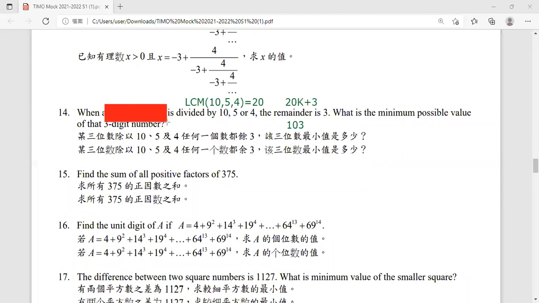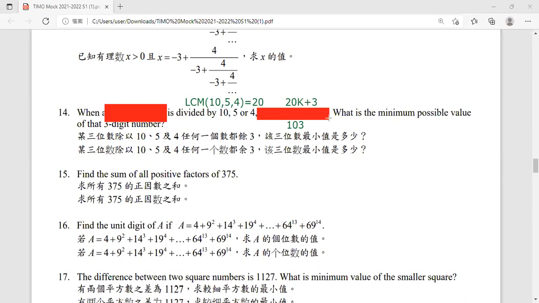Take away this one first. Any number which has a remainder 3 when divided by 10, 5, and 4 will be a multiple of 20 plus 3, because the LCM of 10, 5, and 4 will be 20.